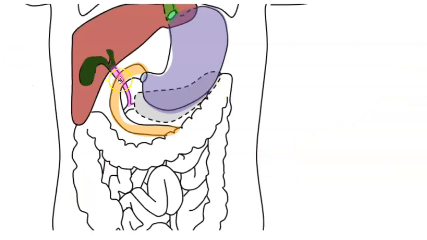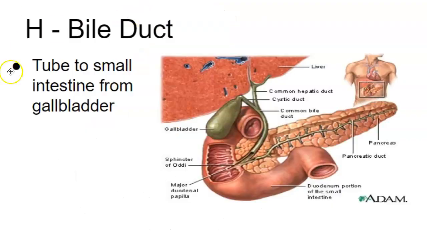And we're going to look then, this little tube here is our bile duct. So this tube going into the intestines is our bile duct. And the bile duct is just a pathway. So you can see here's our big liver, our gallbladder, and there's just a little tube.